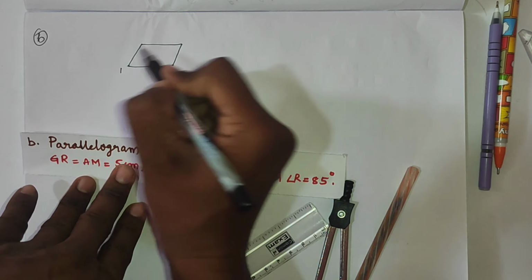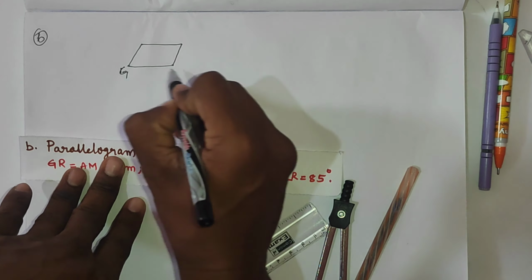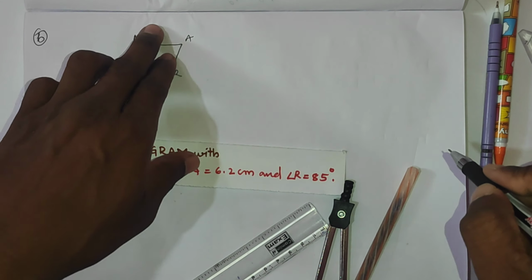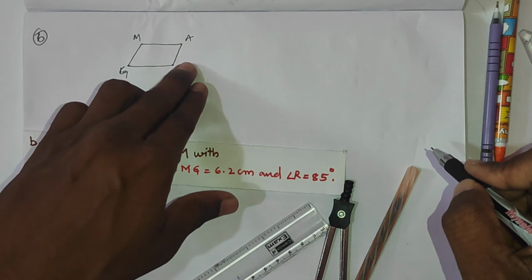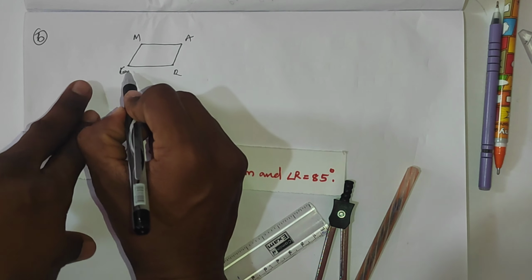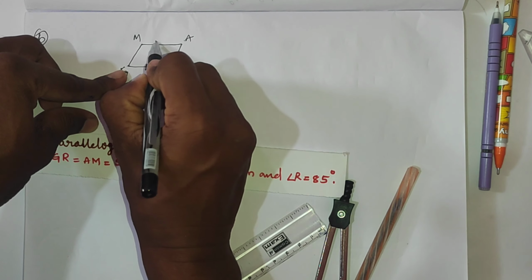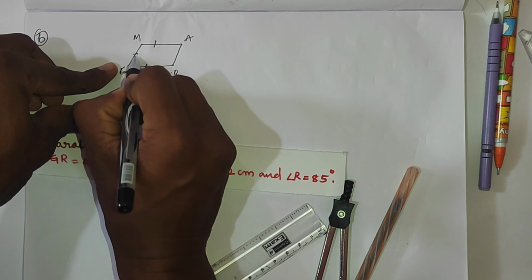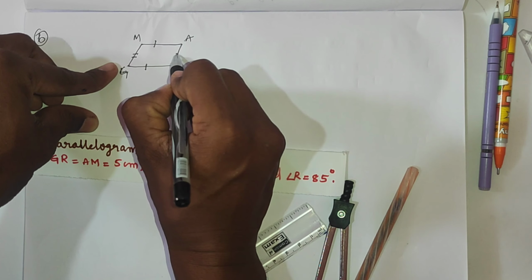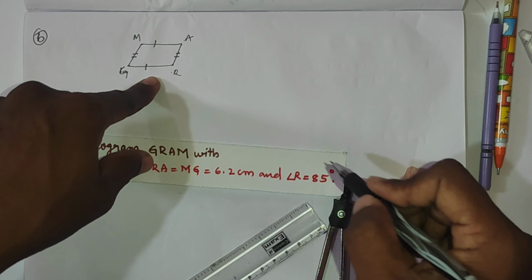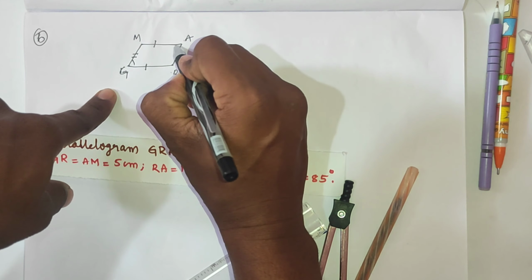GRAM is a parallelogram, which means we know that opposite sides and opposite angles are equal. Nothing but the side GR is equal to AM, these two sides are equal, and GM is equal to AR in length. That means opposite sides are equal and opposite angles are also equal.